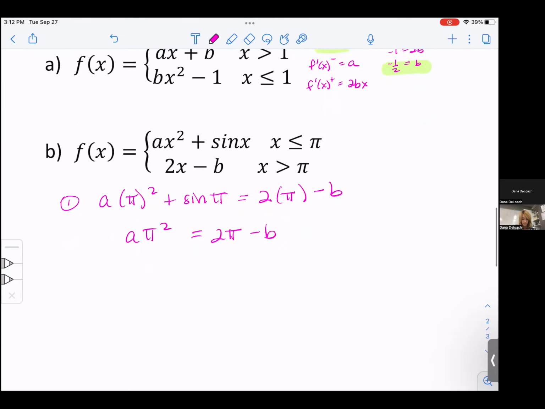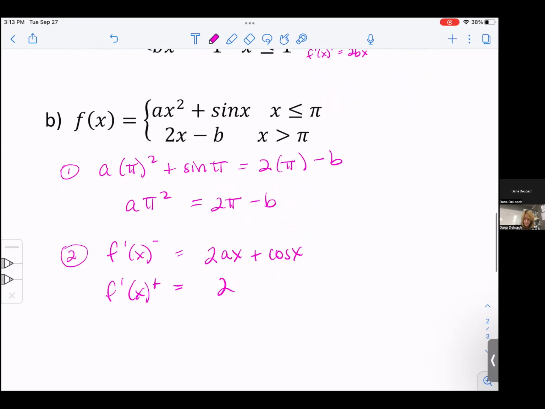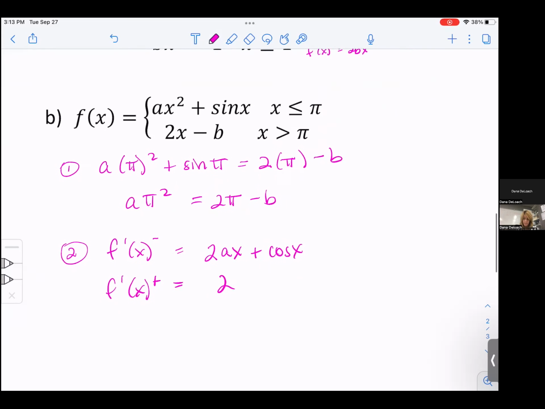So now is it differentiable? So I'm going to find the derivative. So the derivative from the left is going to equal 2 times a times x, and then the derivative of sine is cosine. And then the derivative from the right is just going to be 2. So I'm going to set them equal when x equals pi.